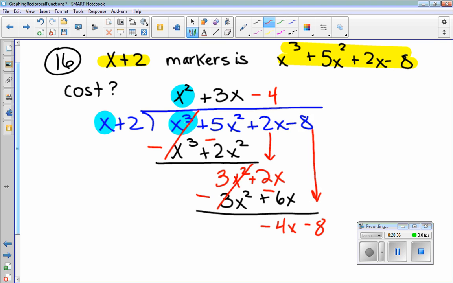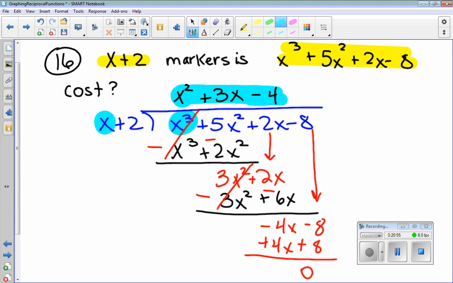If it does, my remainder should be what? 0. Let's hope it is. Negative 4 times x is negative 4x. Negative 4 times 2 is negative 8. Change my signs. My remainder is 0. So what's my answer? What answer am I choosing? This one. As remainder is 0, that's what's left.